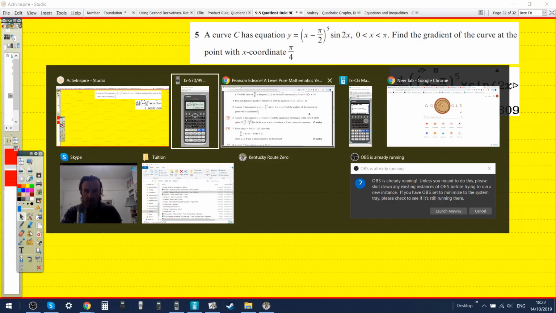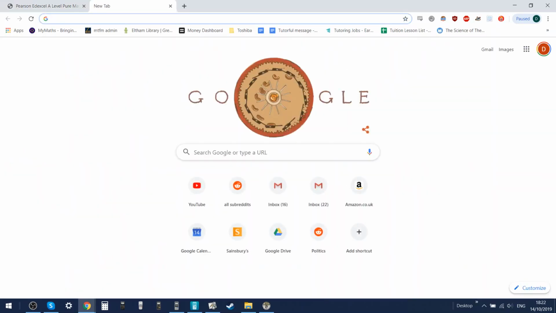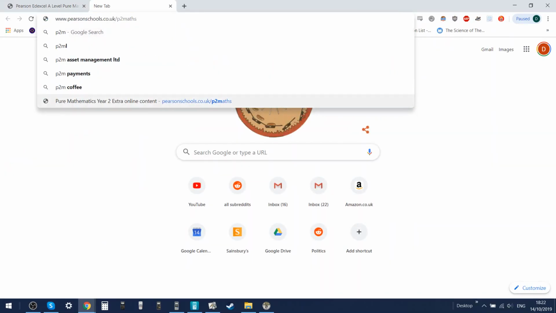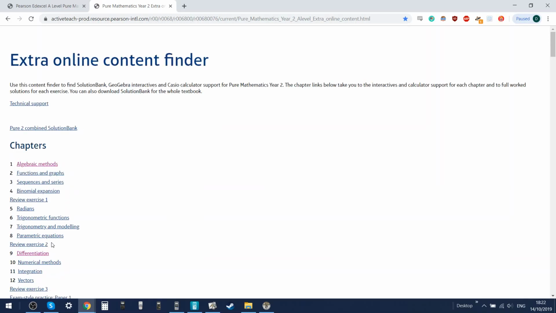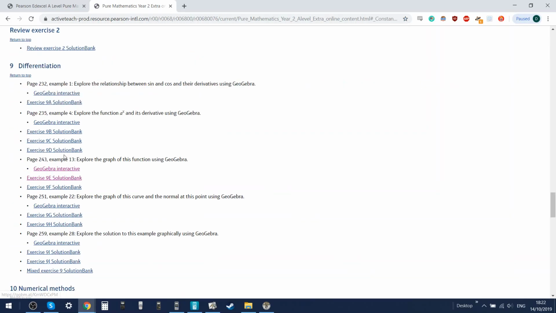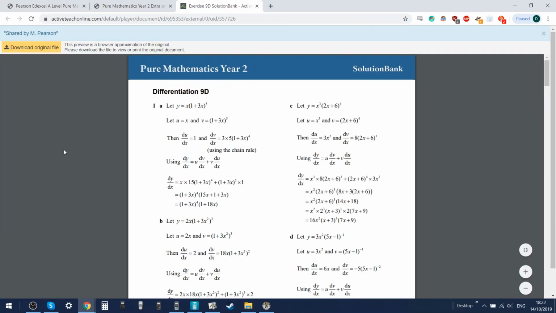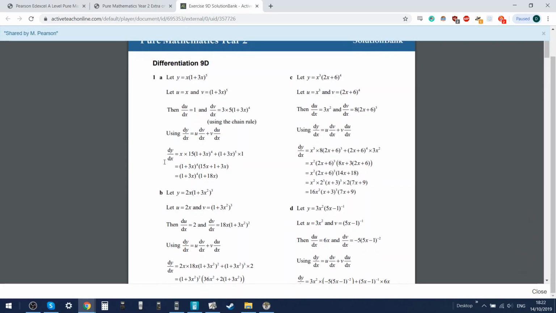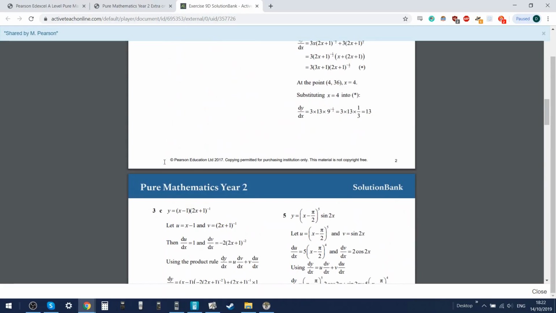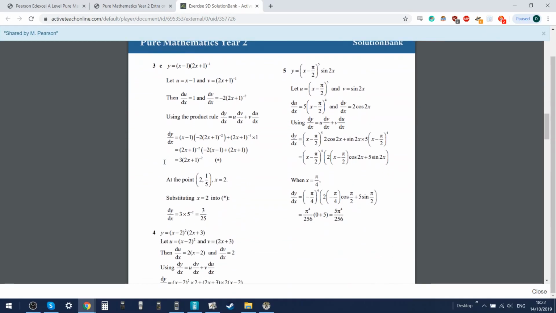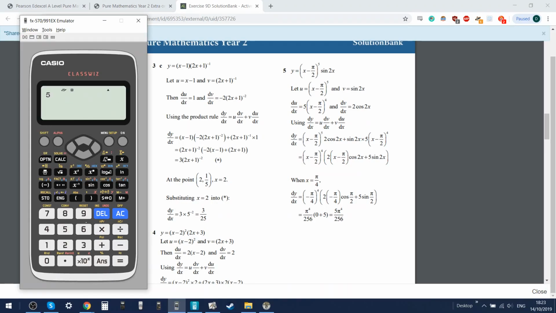And gradient of the curve. Let's take a look. So this is P2. This is 9D, I believe. Question 5. So they get an exact answer, 5 pi to the 4 over 256. 5 shift pi.